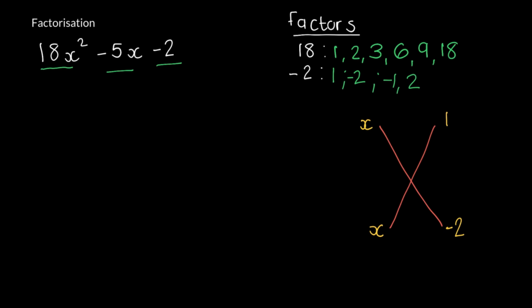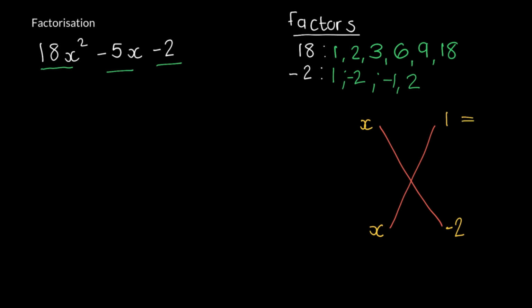I can make one positive and the other negative. Both of them are going to give me -2. And when we're looking at x, we're going to look at which numbers, when we multiply them by 1 and -2, are going to give us that -5 we're looking for. I'll explain in just a bit.